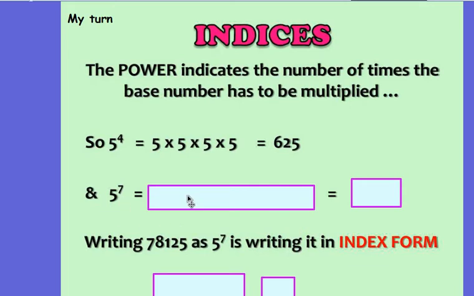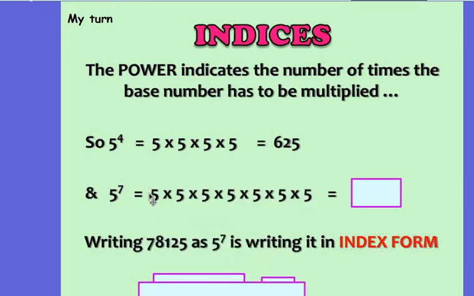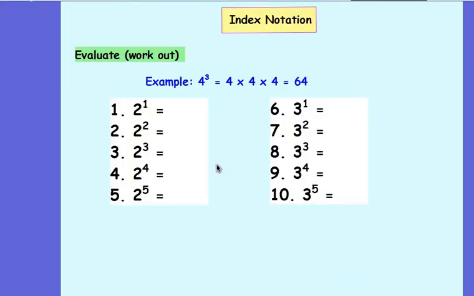If I had 5 to the 7, I'd need to write 5 7 times, and that would give me 78,125. We call this version, with the base and the power, the index form, and we call this the evaluation, or working it out.